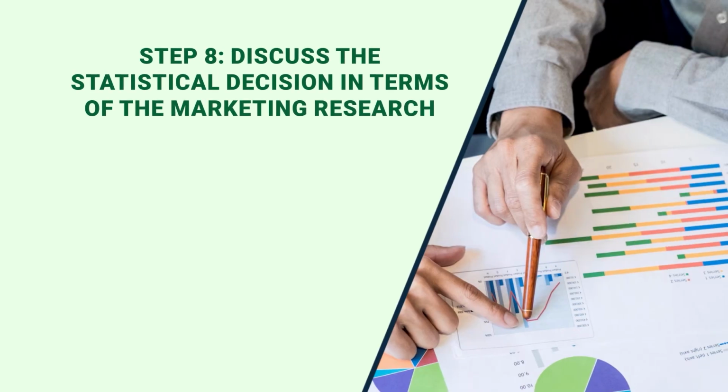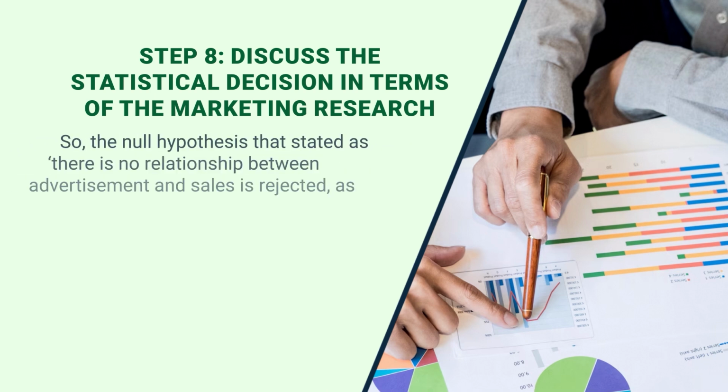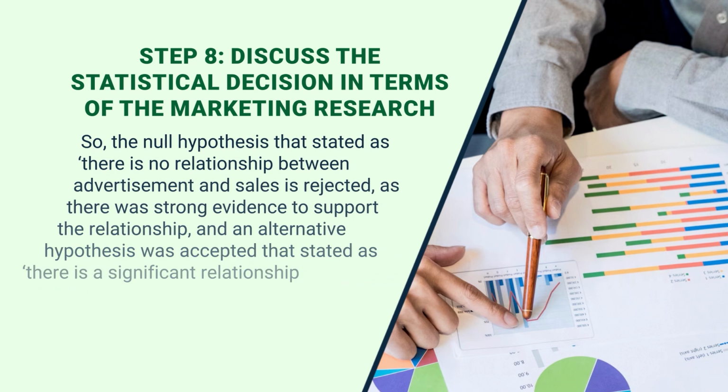So, on the basis of hypothesis testing, it can be concluded that there is a significant relationship between advertisement expenditure and sales. The null hypothesis, that there is no relationship between advertisement and sales, is rejected, as there was strong evidence to support the relationship, and the alternative hypothesis was accepted, that there is a significant relationship between advertisement and sales based on the findings.